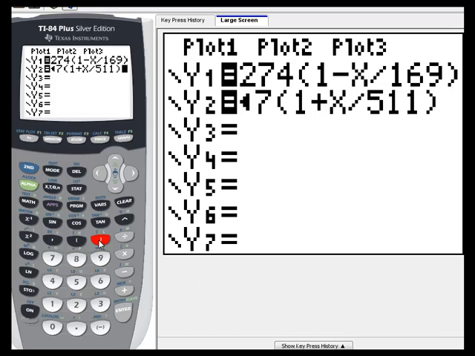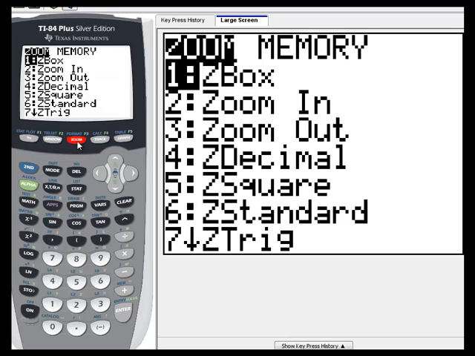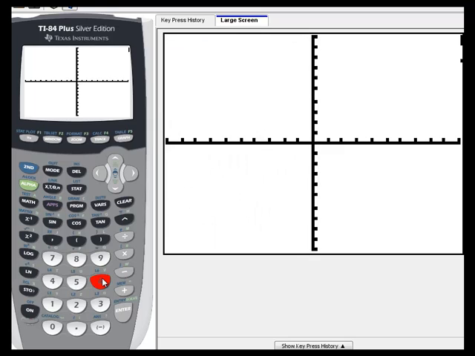Alright, getting started, we might start off with a standard coordinate system that has x-axis from -10 to +10 and y-axis -10 to +10. I usually start there, and to do that, just go zoom standard 6. This will set up this coordinate system and attempt to graph.